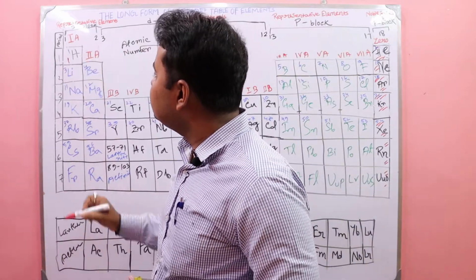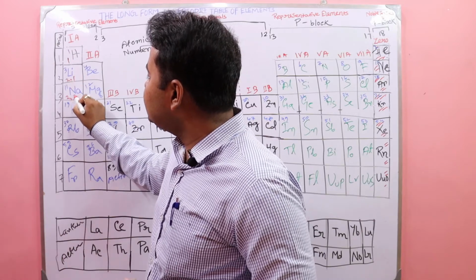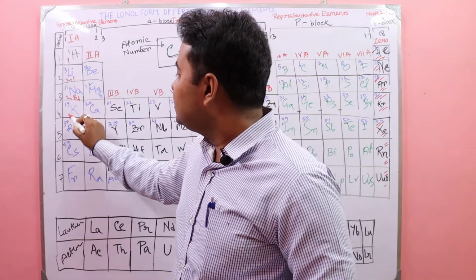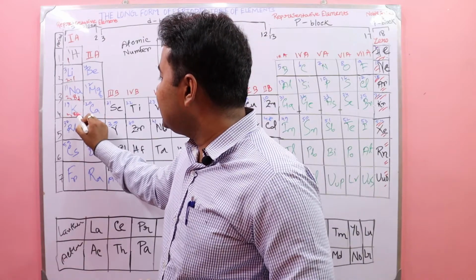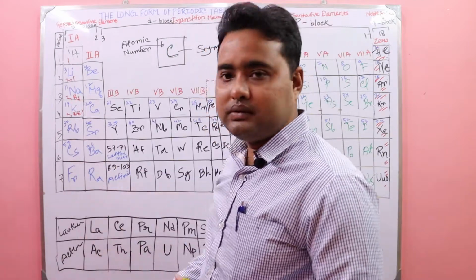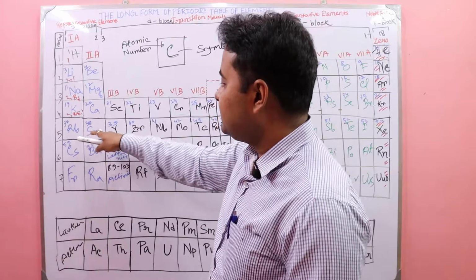This is 1, this is 2, 1, this is 2, 8, 1 and this is 2, 8, 8, 1. In like that way, this also can be formed by 2, 8, 18, 1.